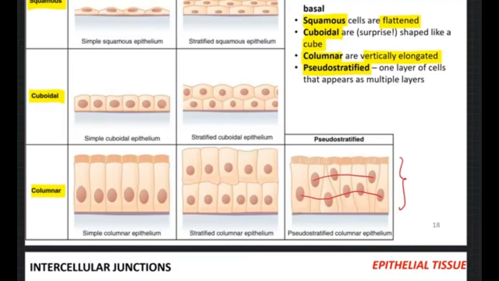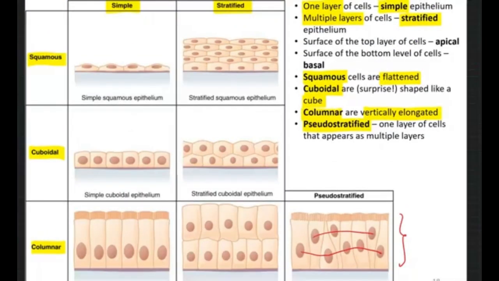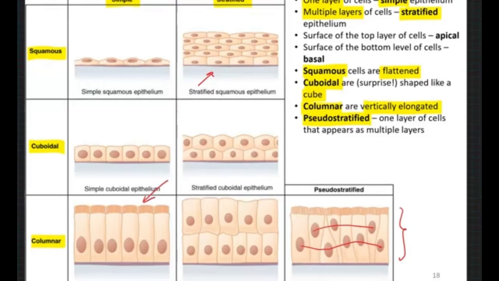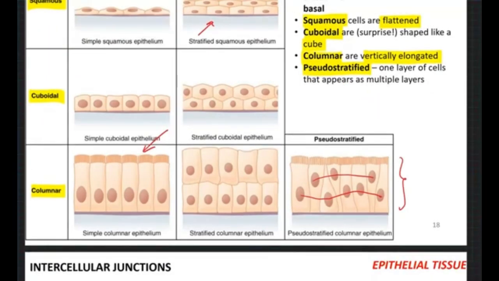Looks like it is stratified, but it is not. All right? So the name of the epithelial tissue forms by the combination of the words showing how many layers and what shape cells have. So this will be stratified squamous. This will be simple columnar.